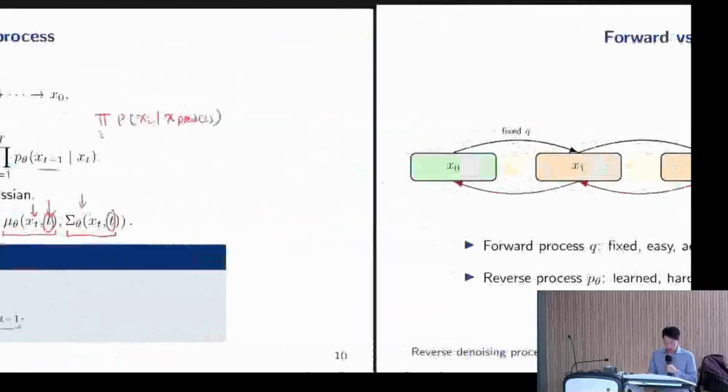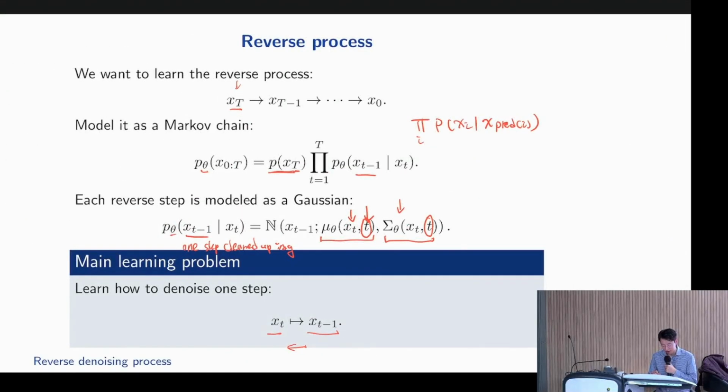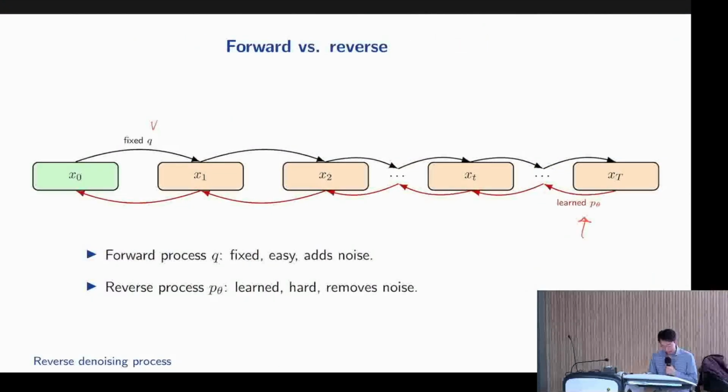All right, so I already explained it. Going left to right in this figure follows a fixed Q distribution without any parameters. In the reverse process, we follow the Gaussian distribution where the mean parameter and the variance parameter are predicted by the network. The forward process is easy, it's fixed: it shrinks the mean and adds Gaussian noise. The reverse process we have to learn. It's hard, and this is the key step in diffusion models.